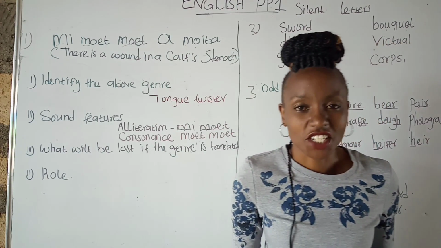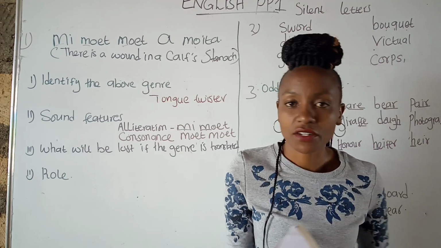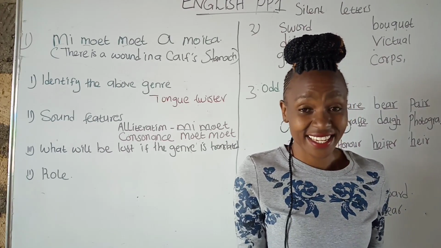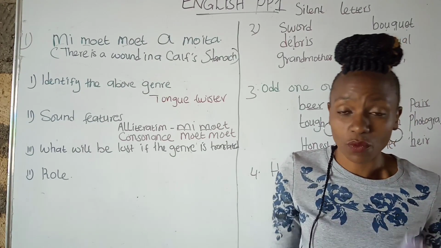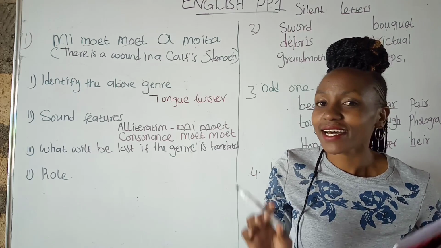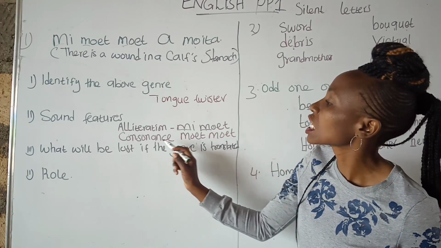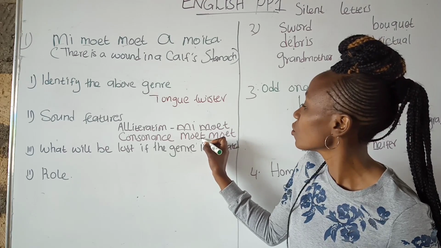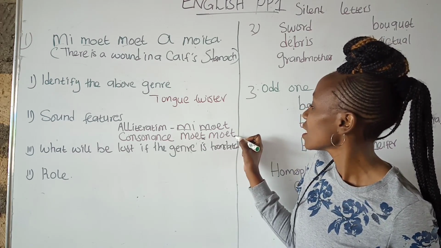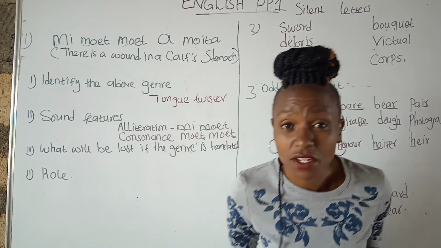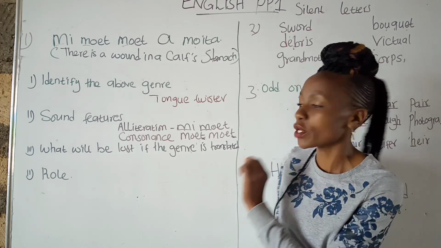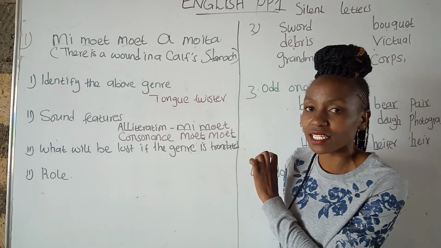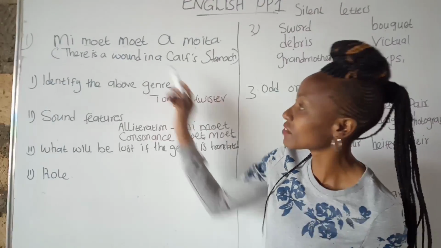So we also have consonance, consonant sounds being repeated at the end or in the middle of a word. Here they are repeated at the end. So we have consonance, and then you're going to illustrate the words that have been repeated and are following each other closely. Next question, still from this one.